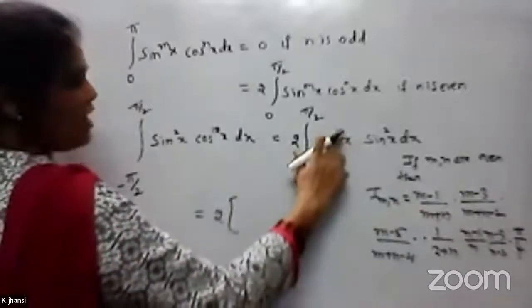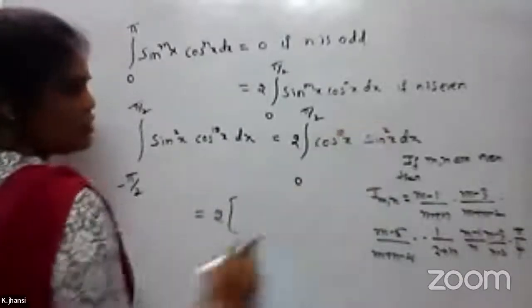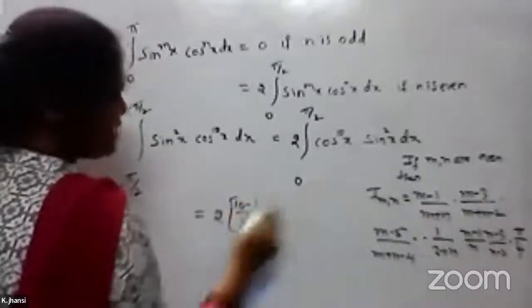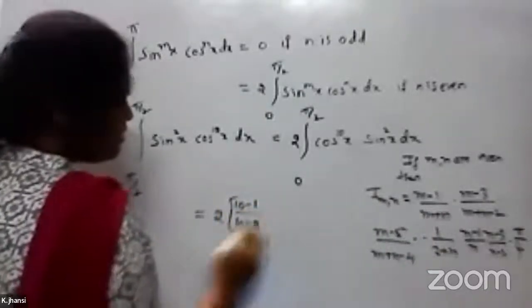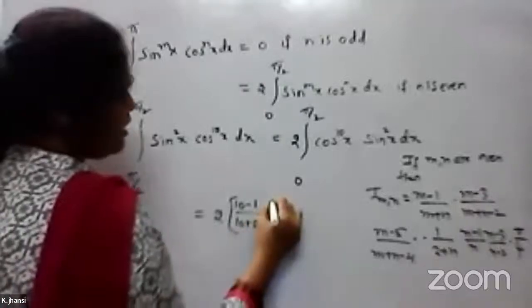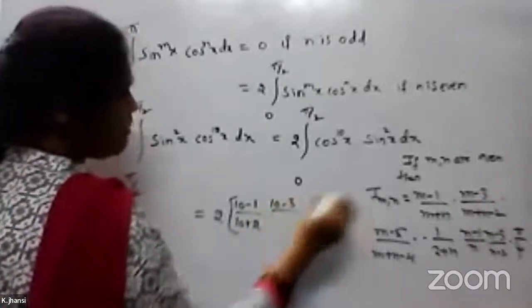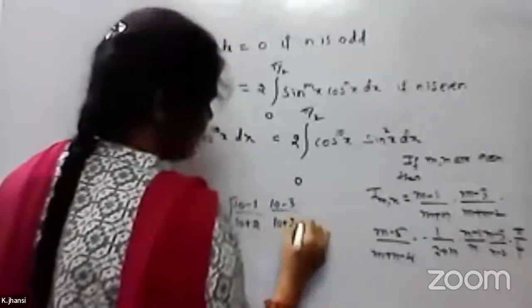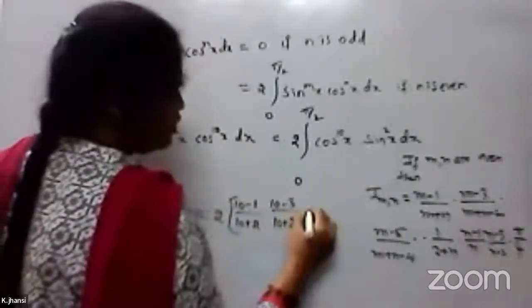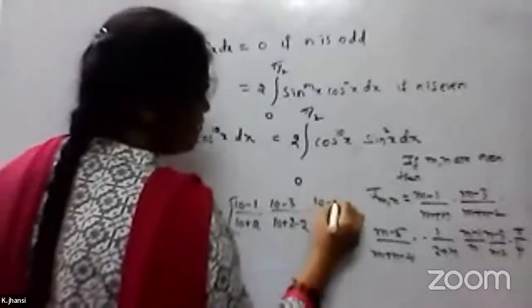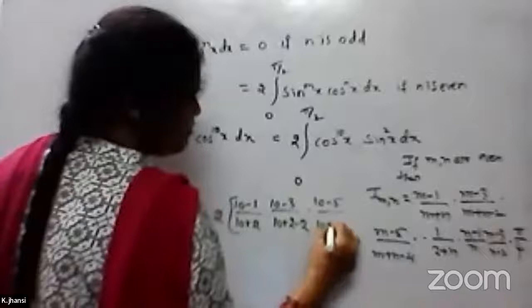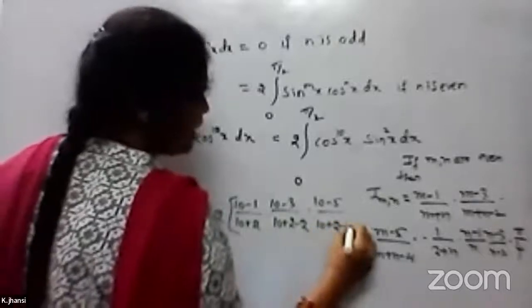So here we have m value as 10, n value as 2. So (10 minus 1)/(10 plus 2), next (10 minus 3)/(10 plus 2 minus 2), and into (10 minus 5)/(10 plus 2 minus 4).